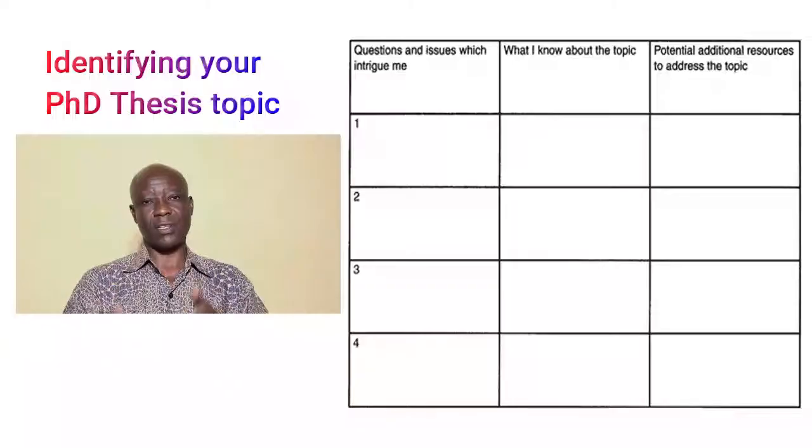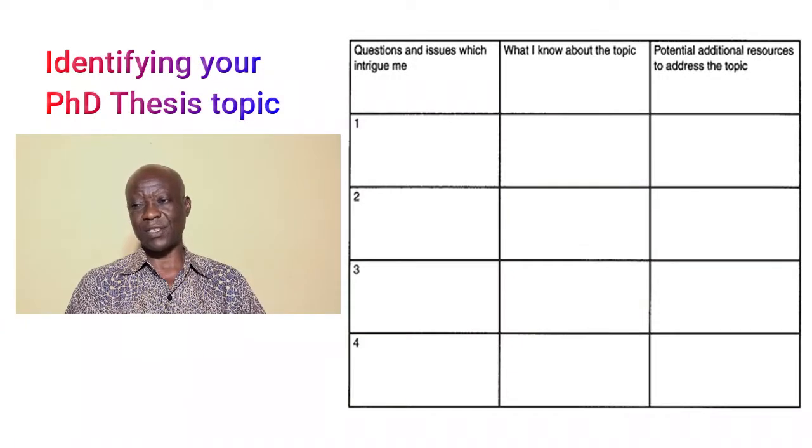And on the screen here you can see I have attempted to give you a structure that you can follow. Please make sure that you follow this. You can see in terms of what we call the columns, I have 3 columns and of course a number of rows. You can have as many as possible.